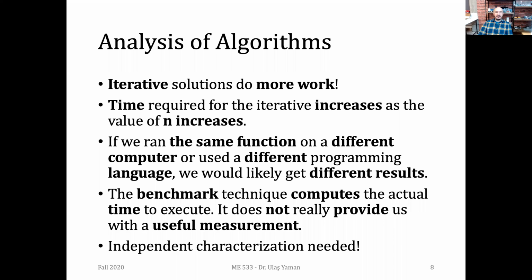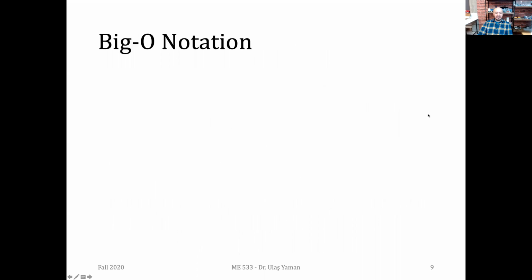We need to find an independent method, independent of the processing power you have, independent of the programming language, and independent of the number of libraries, actually statements, you are using. That is called big O notation, where O comes from order.